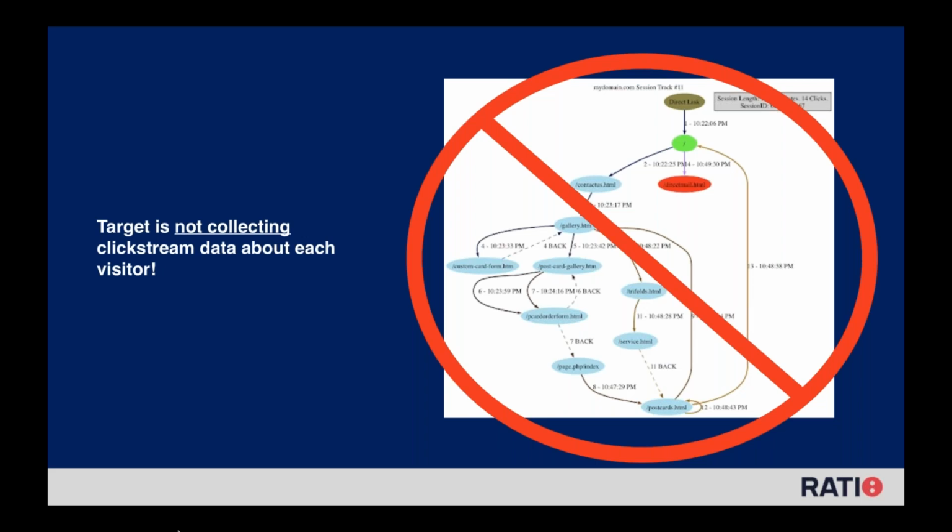Actually, Target is collecting a far more limited amount of information about each visitor that can be used in these algorithms or for targeting. So the first thing to note is that out of the box, Target is collecting information about the current visit only, or it's considering information about the current visit only with respect to that targeting.